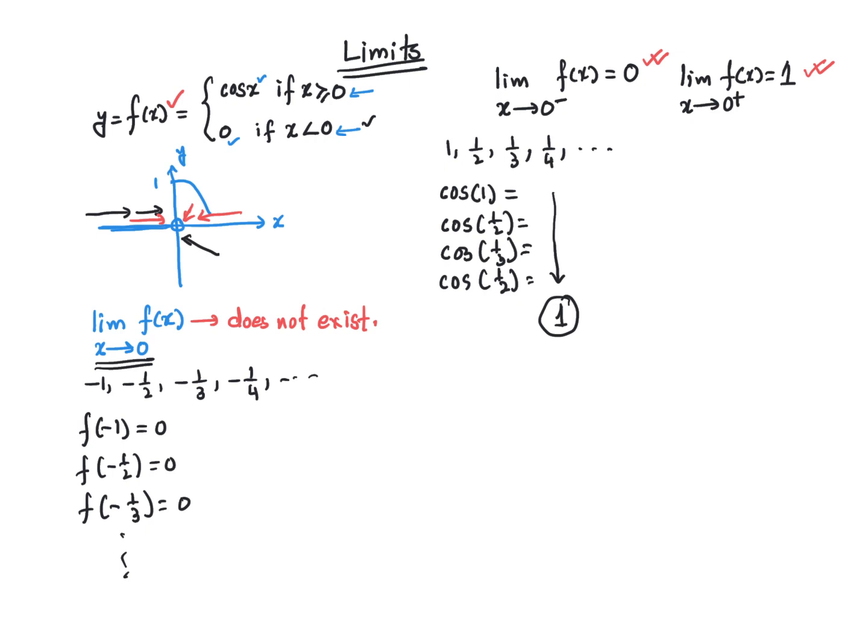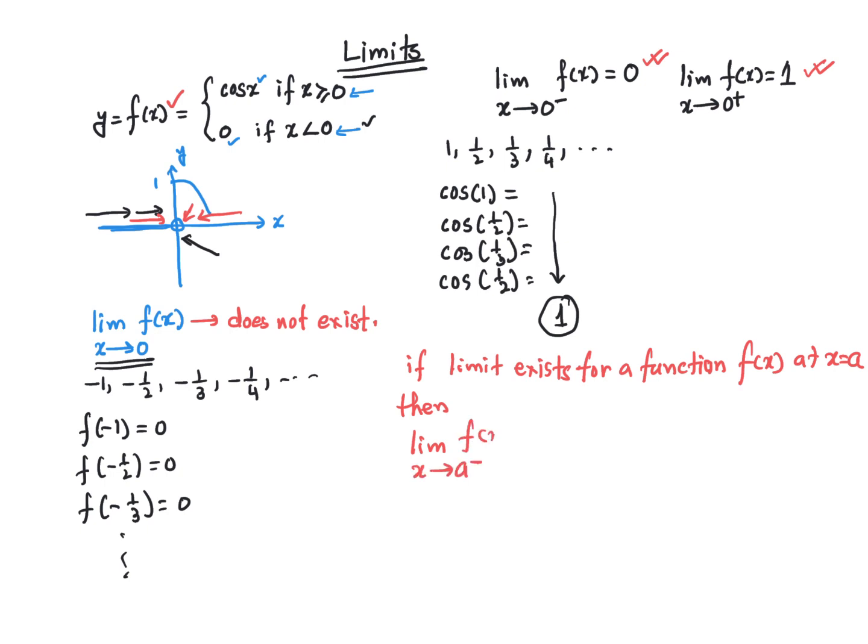If the limit exists for a function f of x at x is equal to some value a, then it must be the case that the limit as x approaches a from the negative side of f of x is equal to the limit as x approaches a from the positive side of f of x, which is exactly equal to the limit as x approaches a of f of x.